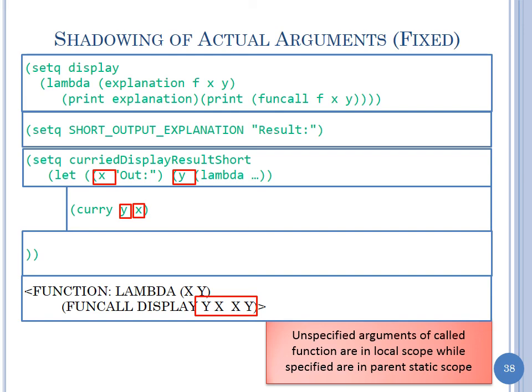So when you call curried display result short with 2 arguments, those will be the y and x, right? So now, do you see the problem?